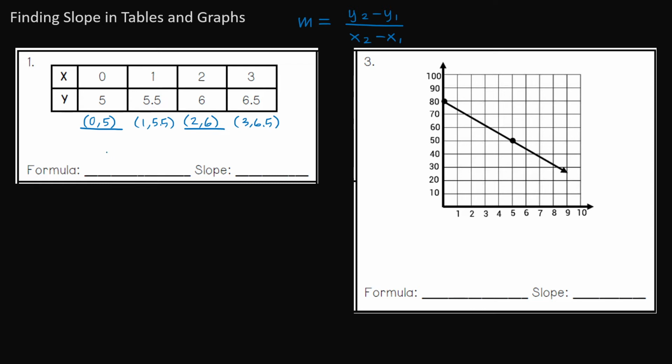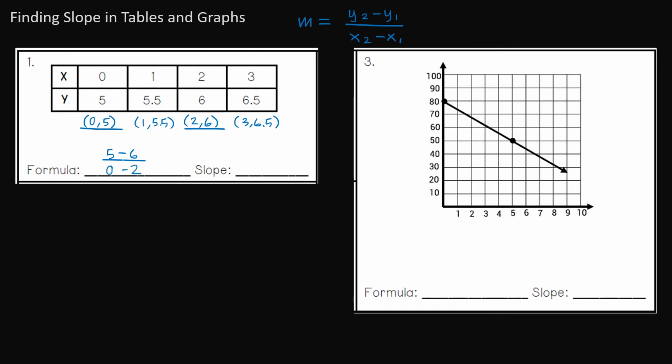So when I write my slope formula, I'm going to subtract my y values first. So I'm going to go 5 minus 6. 5 minus 6. And then divided by my x values. So if I subtract in this order, 5 minus 6, or my left coordinate minus my right coordinate, I need to subtract in the same way on the bottom of my fraction. So instead of it being 2 minus 0, I need to subtract 0 minus 2.